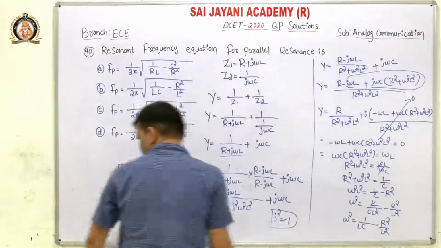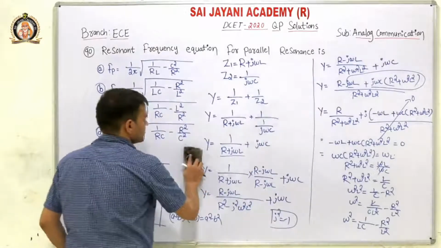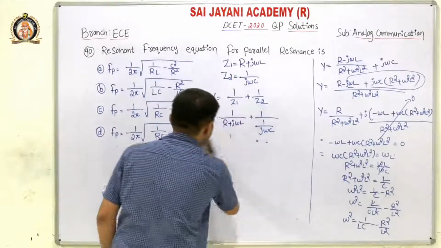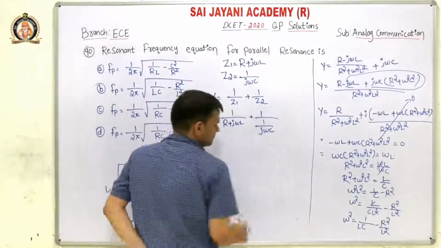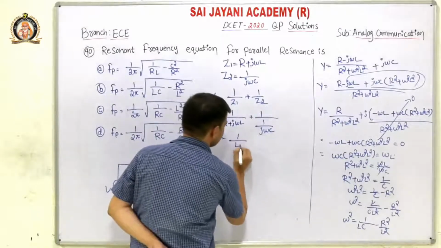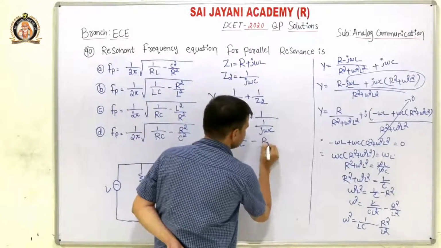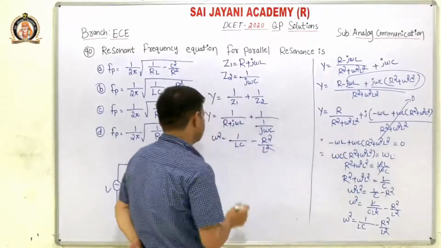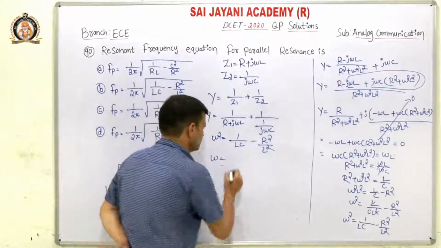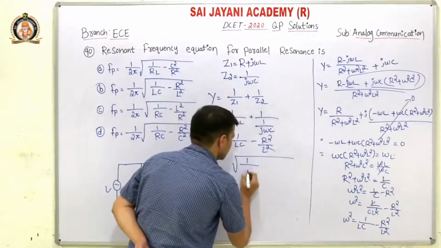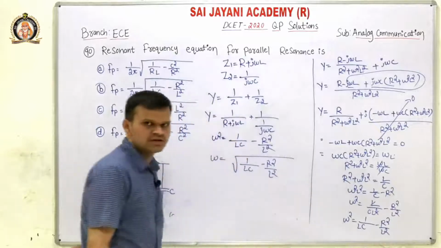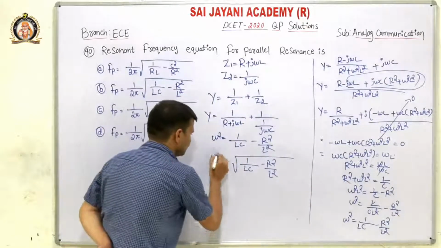Okay, then we know that omega square is equal to 1 divided by LC minus R square divided by L square. If you take the square root, that is omega, we will get square root of 1 divided by LC minus R square divided by L square, and we know the value of omega.